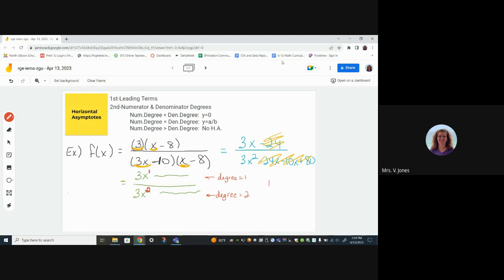Well, 1 is less than 2. Since 1 is less than 2, our numerator degree is less than our denominator degree. The top degree is smaller than the bottom, which means the horizontal asymptote is y equals 0. So this has your horizontal asymptote, and it is at y equals 0.